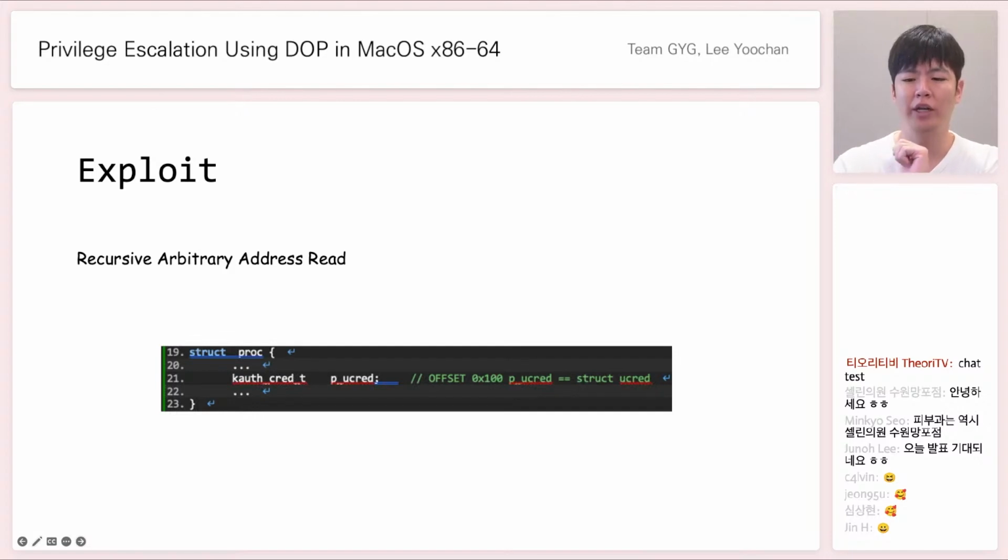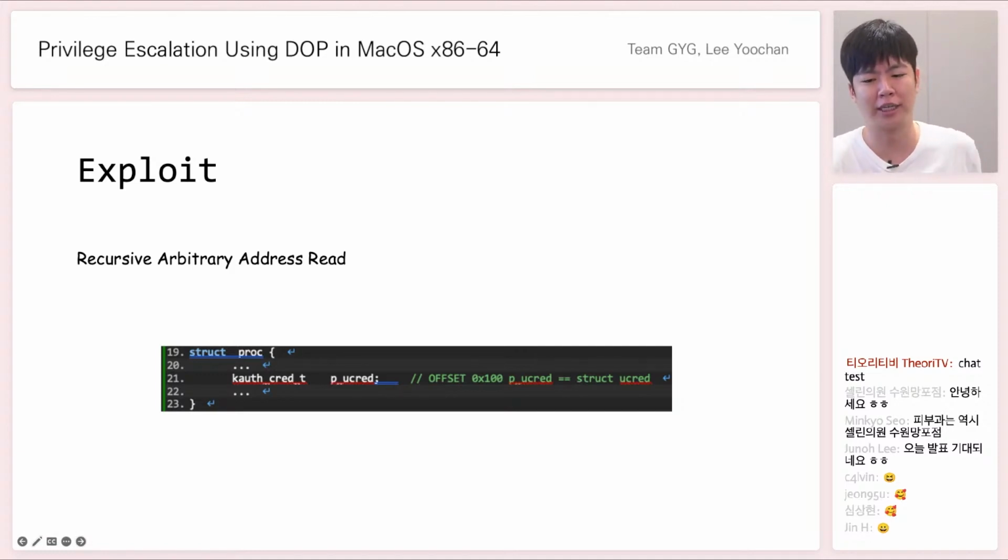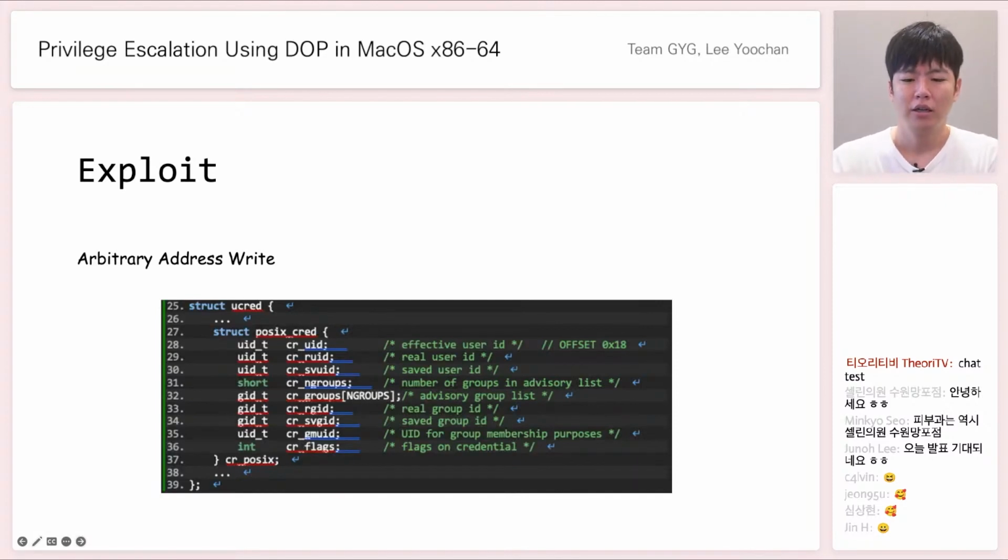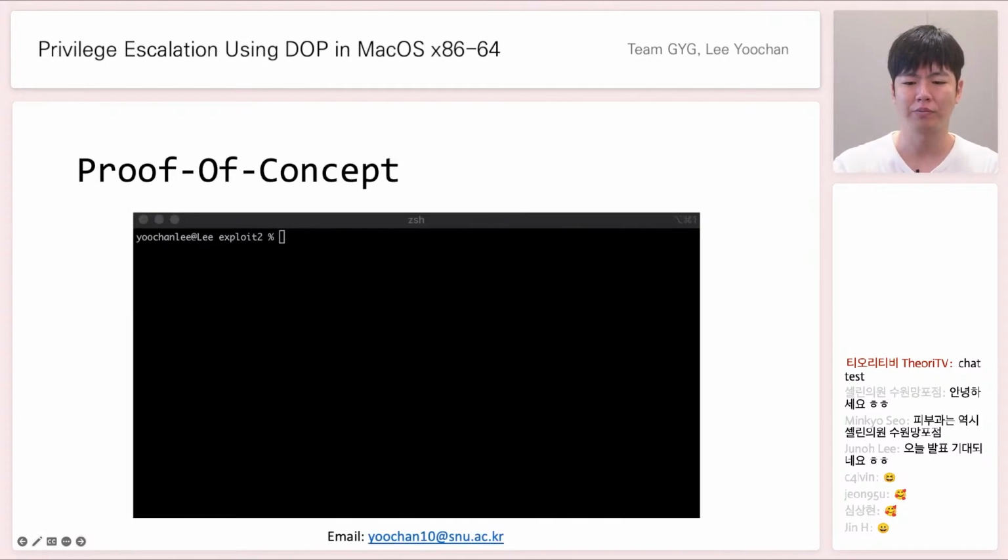And lastly, we leak the pointer of the ucred structure. It means now we can know the address of the CRED object. As a final step, we use arbitrary address write to write 0 to the CRED UID element. It means the privilege escalation is finished.